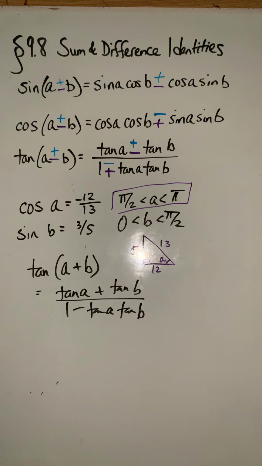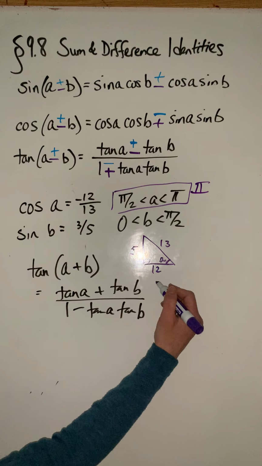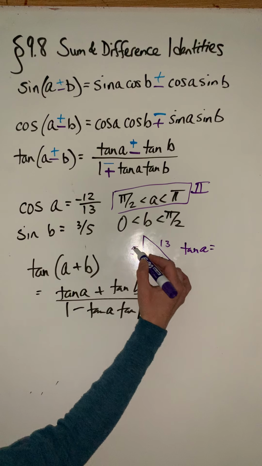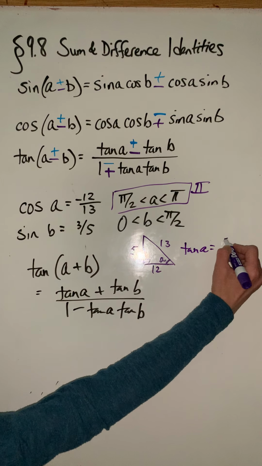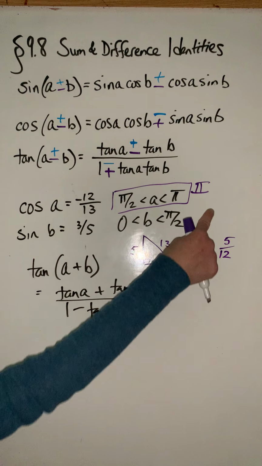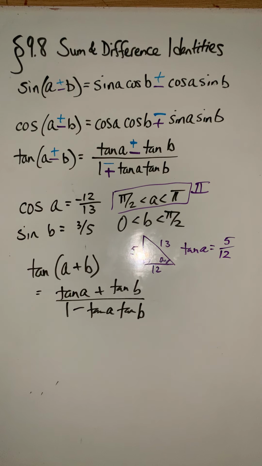Well, that would put us into the second quadrant, right? Okay, so if we want to know what the tangent of A is, the tangent of A then is opposite over adjacent, so 5/12. But we are in the second quadrant, and what do we know about tangent in the second quadrant? It is indeed negative.